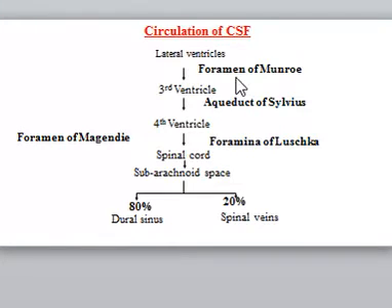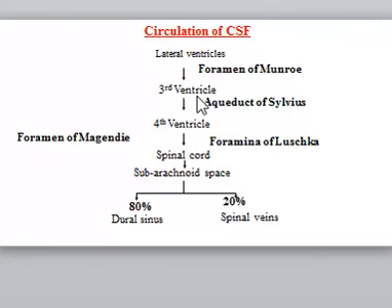So here again I have to explain: a major quantity of the cerebrospinal fluid is formed in the lateral ventricle and flows through the foramen of Monro towards the third ventricle.